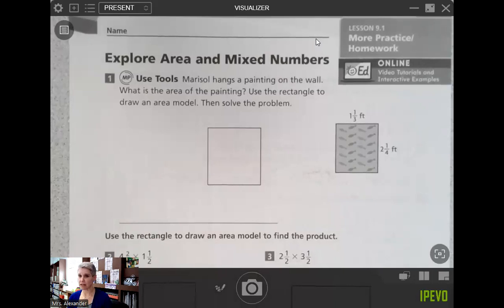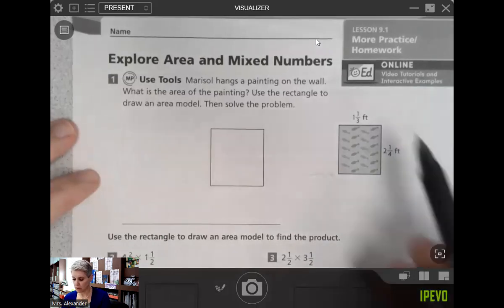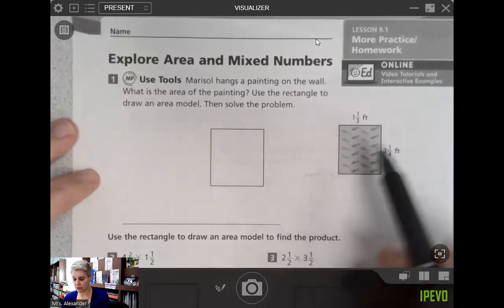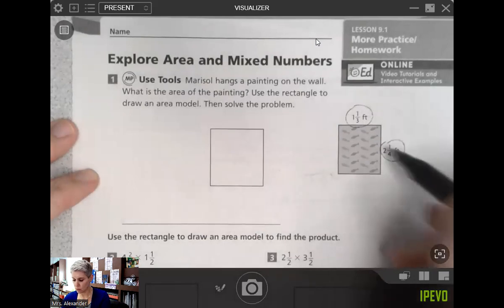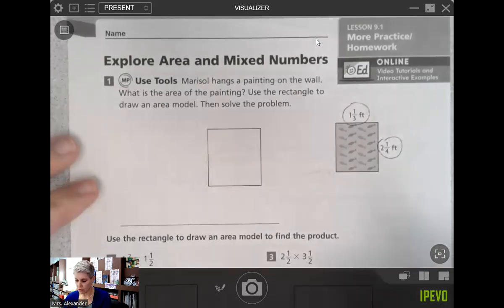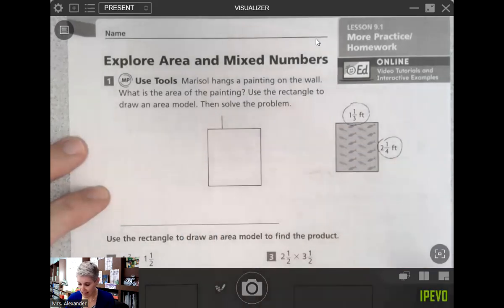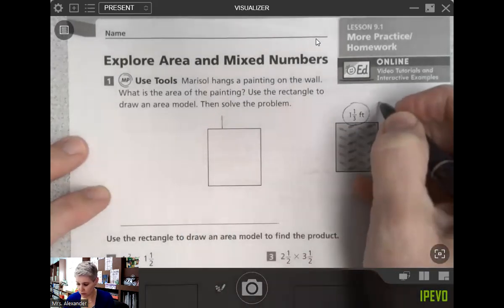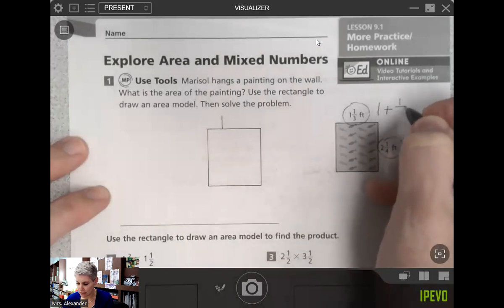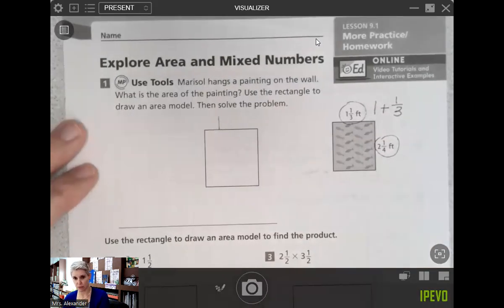So we talked about in class, if I have 1 1/3 foot and 2 1/4 foot, what that really says is 1 and 1/3. So when I hear that "and," that's like an invisible plus sign right there.